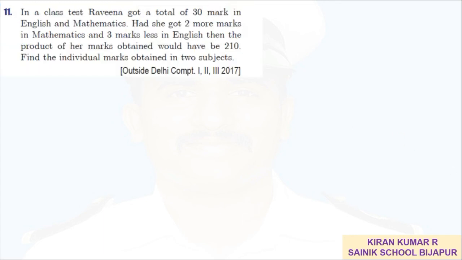Next question is, in a class test, Ravina got total 30 marks in English and mathematics. Had she got 2 marks more in maths and 3 marks less in English, then the product of their marks would have been 210. Find the individual marks obtained in the 2 subjects. Here also you have to form the equation and then solve it.